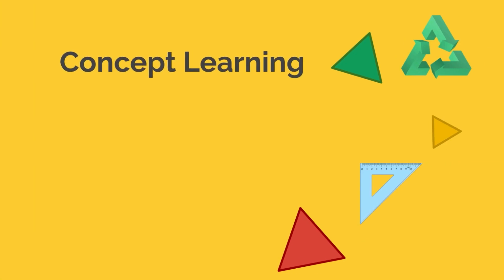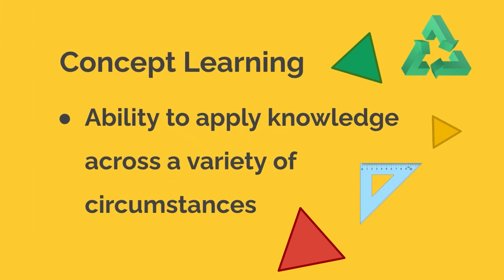With concept learning, it gives the ability to apply knowledge across a variety of circumstances. So not only do you learn from the 3 pieces of samples we just had, those 3 triangles, but you also can apply this knowledge to new triangle shapes that you've never seen before.